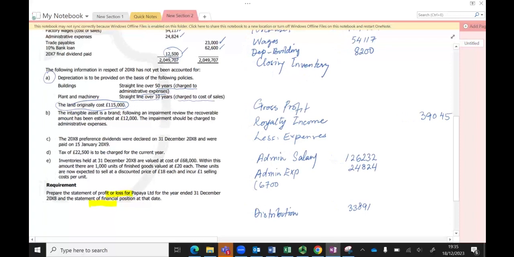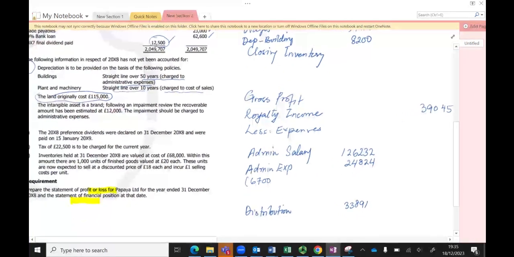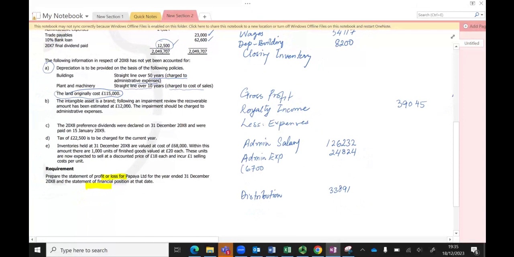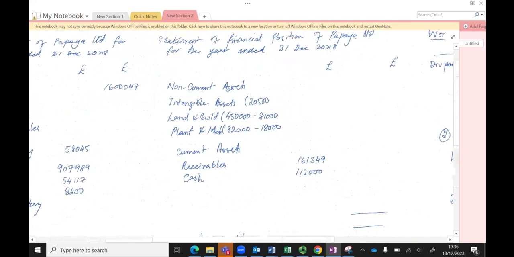Next is B. It says the intangible asset is a brand. Following an impairment review, the recoverable amount has been estimated to be £12,000. The impairment should be charged to the administration expense. So we have an intangible asset of £20,500. We are told that the recoverable value of this intangible asset is 12,000 only.